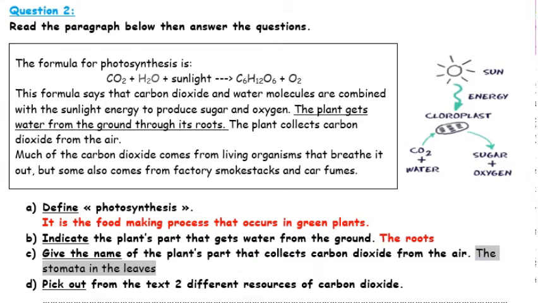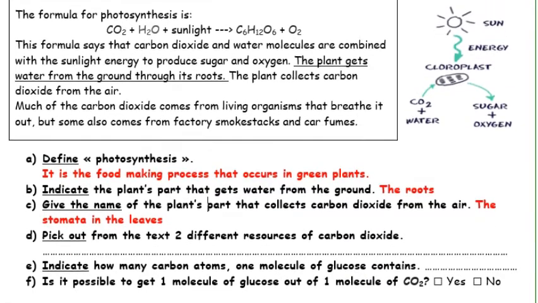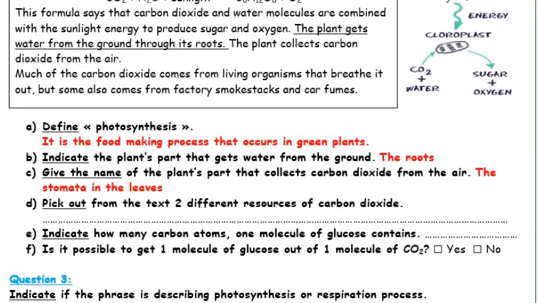So again, plants take in the carbon dioxide needed for photosynthesis through tiny holes found in the back surface of the leaves called stomata. Pick out from the text two different resources of carbon dioxide.